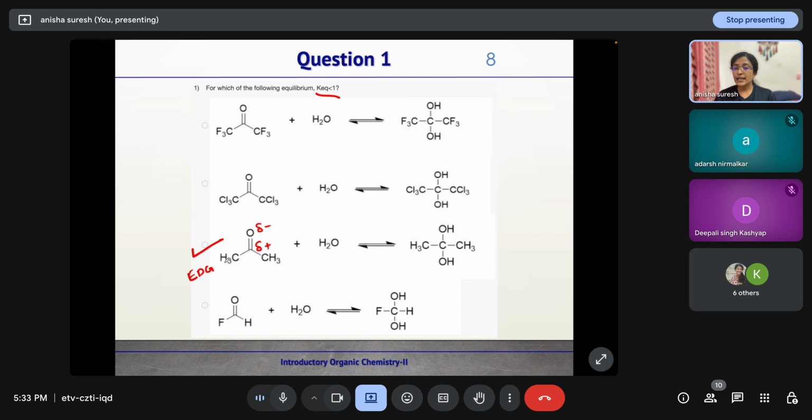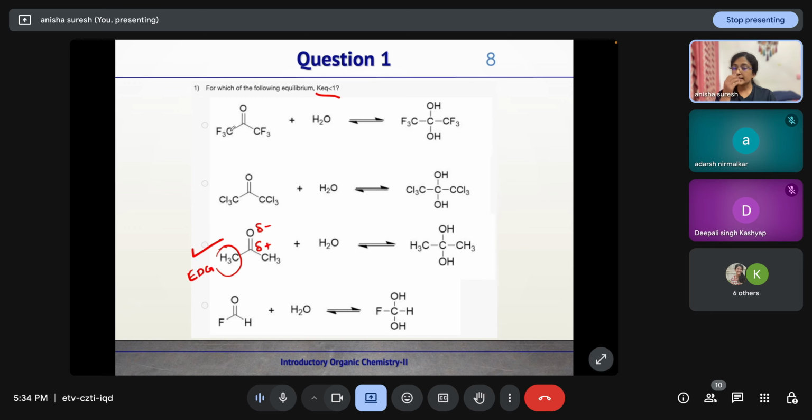But if an electron donating group like CH3 is present, it will donate electrons by inductive effect and reduce the electrophilicity at this carbon center. So this will be less electrophilic, and because of that the addition of water leading to formation of the product will be less feasible.